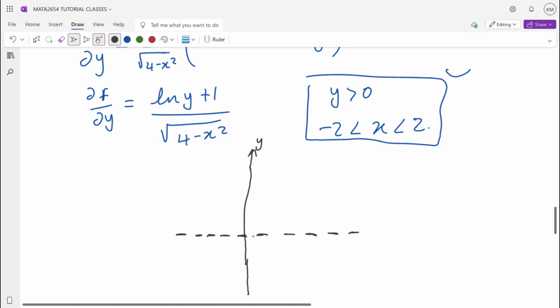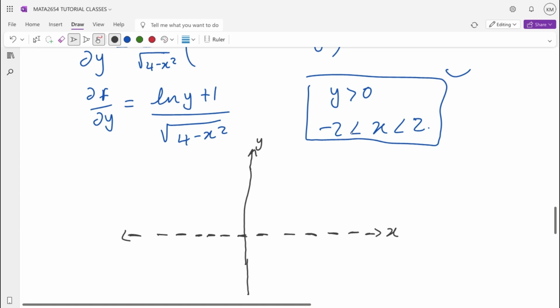Remember that on the x-axis y is equal to 0, but 0 is not included here. There is no y greater than or equal to 0. It's just strictly y greater than 0. So we do not have to include where y is 0, which is at the x-axis. That's why I have my x-axis as a dotted line like that.